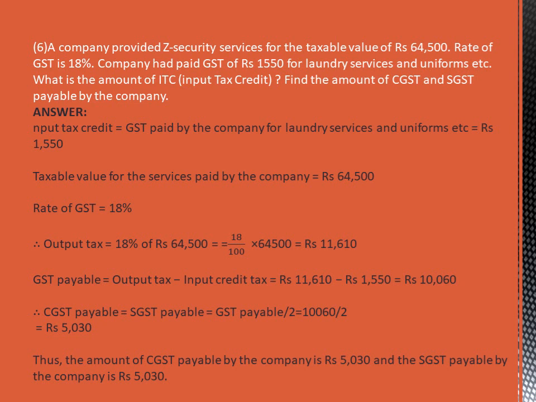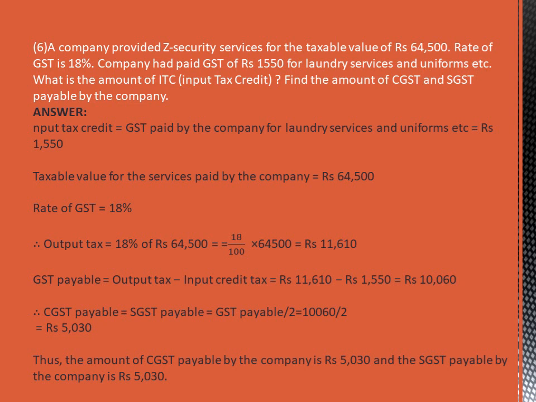First, the input tax credit is equal to the GST paid by the company for laundry services, uniforms, etc. That is 1,550. The taxable value is 64,500, and the rate of GST is 18%. Now we first calculate the output tax.